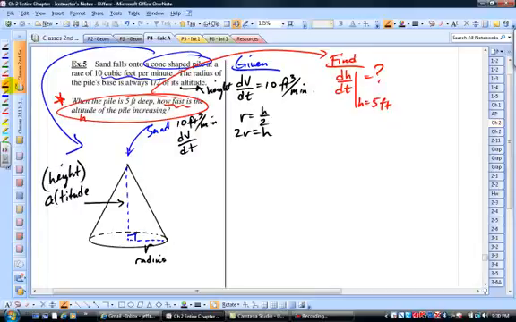All right, so we need an equation, obviously. What's our primary equation in this situation? Well, we need a volume equation for the cone. And again, that comes from geometry. So if you're thinking, hey, do you have to remember a lot of the geometry formulas? The answer is yes.